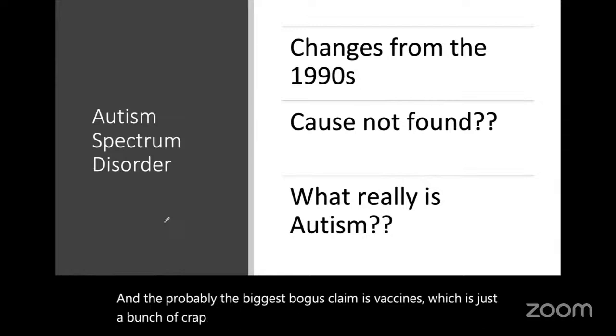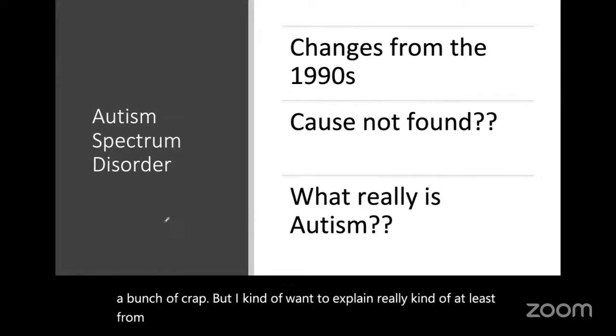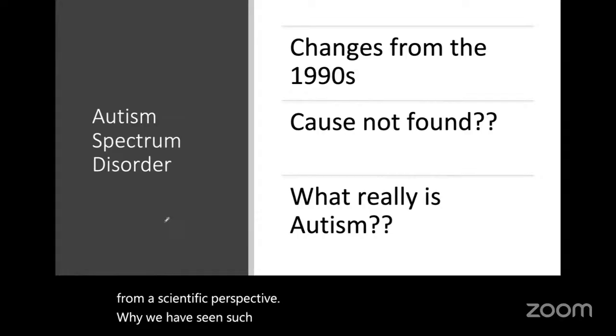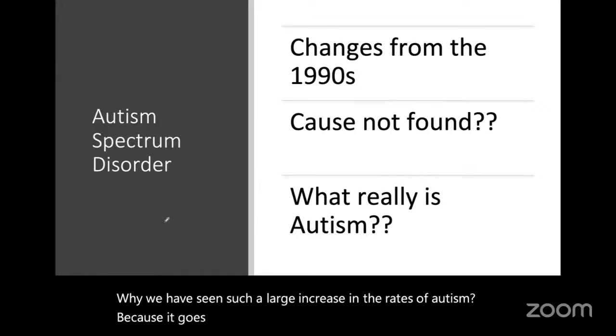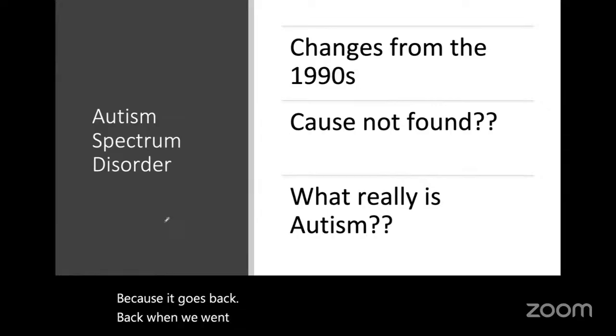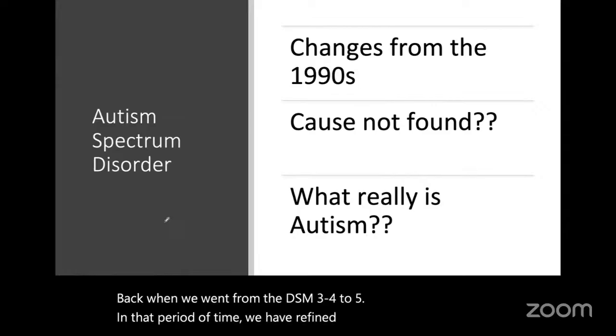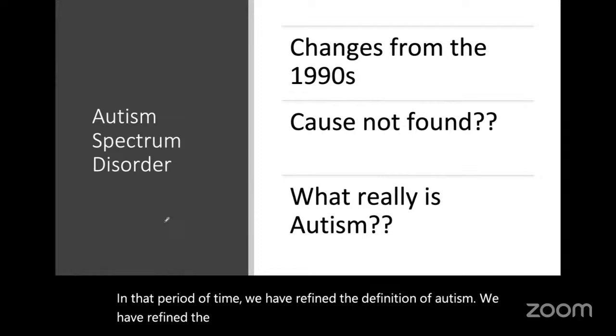But I kind of want to explain, at least from a scientific perspective, why we have seen such a large increase in the rates of autism. Because it goes back when we went from the DSM 3, 4 to 5. In that period of time, we have refined the definition of autism. We have refined the way it's diagnosed.